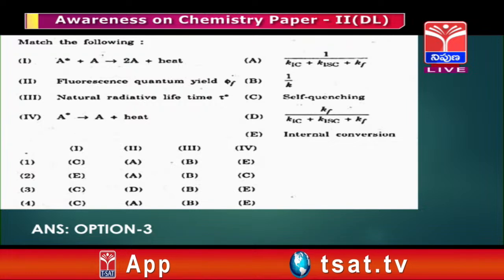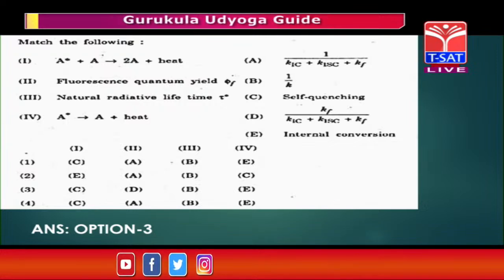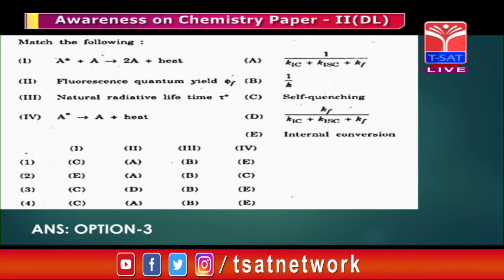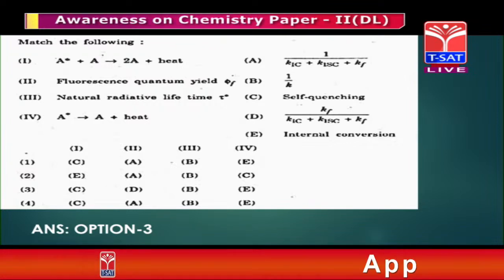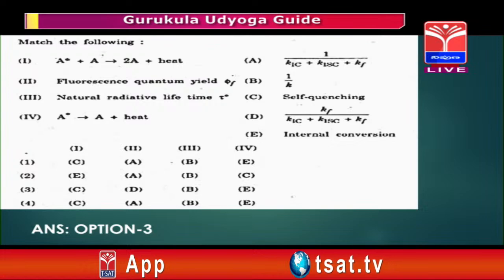Next, fluorescence quantum yield. This is a direct formula: Kf by KIC plus KISC plus Kf. Next, the natural radiative lifetime is the reciprocal of the rate constant of the fluorescence process. Directly, tau equals 1 by Kf.